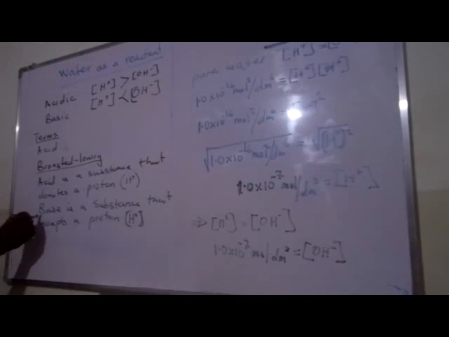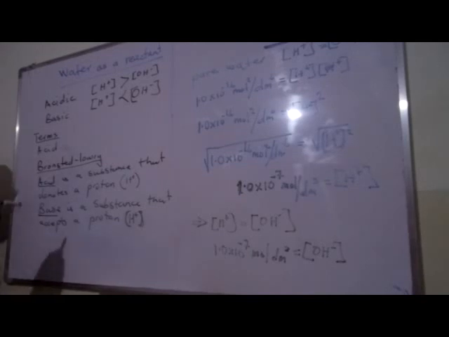Why talk about bases and acids? Remember, this is biochemistry, and we're looking at the constituents of a cell. Most of the constituents of a cell exist as acids and bases. Not all, but most of them, in one way or the other, act as acids and act as a base. Secondly, the environment in which these substances are dissolved will be either acidic or basic.